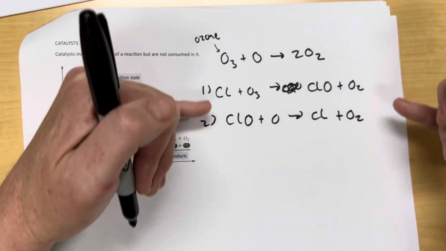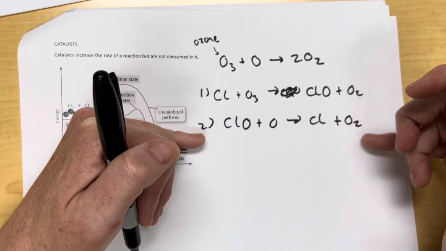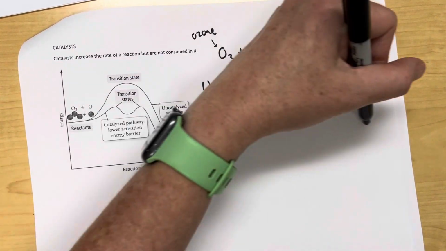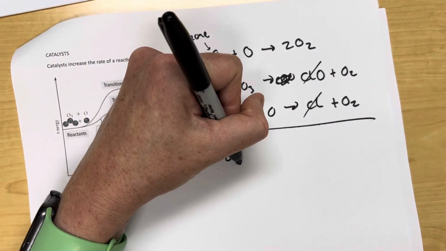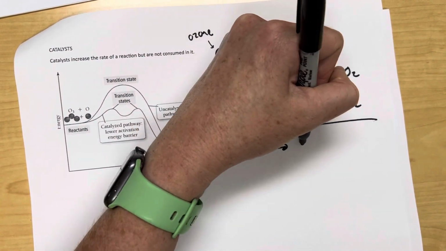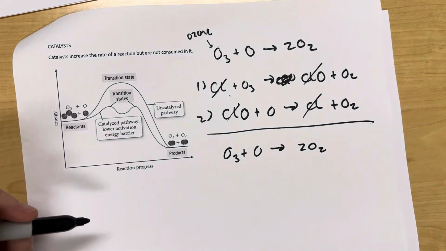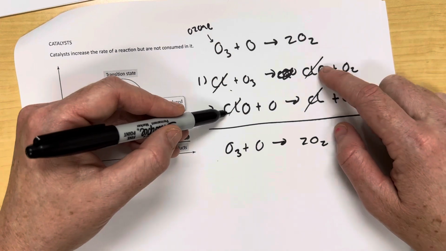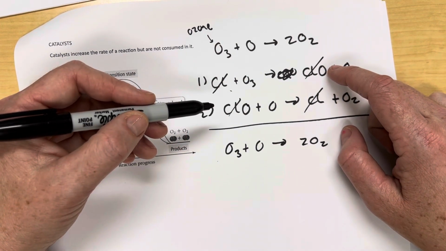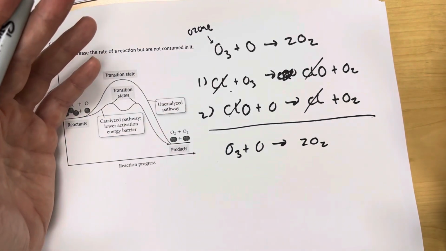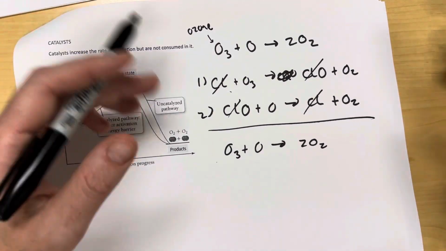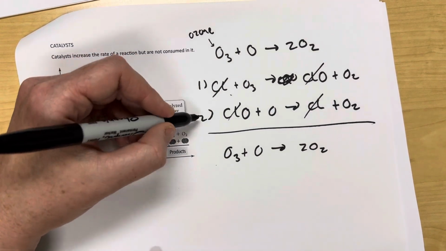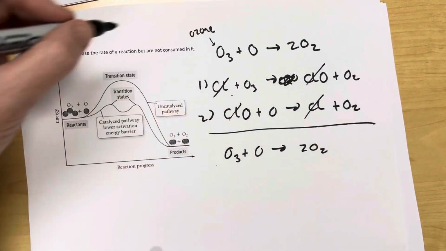Now, these are the proposed elementary steps for how this reaction happens. The Cl cancels, the ClO cancels, and if we add it up, we get back our original equation, O3 plus O, yielding 2O2. And notice that these reaction intermediates, the Cl and the ClO, normally we wouldn't really be too concerned about, but here's the problem with them: they reduce the energy required for this reaction to occur.